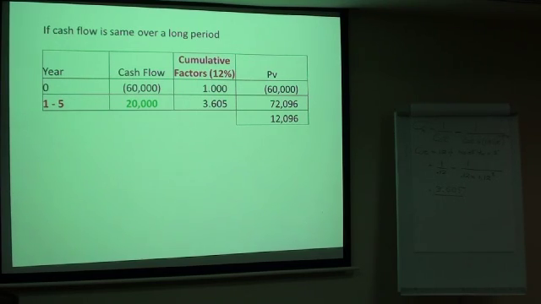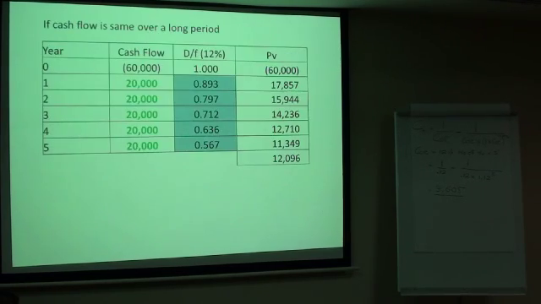Now, why did I bring this example up? You might have thought this is a little silly, same cash flow 5 times over, why do you have to undergo all this pain? We can just do it 5 times like a normal one. Why I brought this example is to introduce this formula to you. Cumulative factor, provided, like someone said, the cash flow is the same for any number of years, for any cost of capital, this is the golden formula.